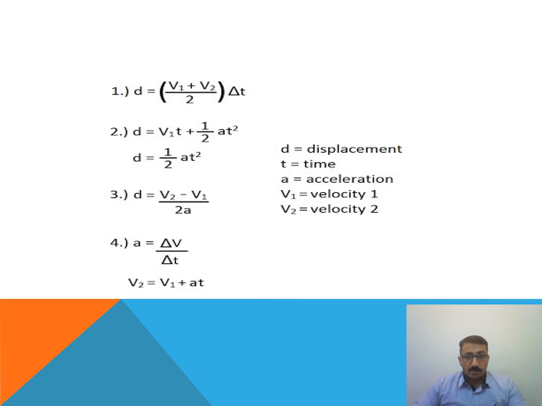With the second one, we could find the displacement by acceleration, velocity and time. With the third one, by acceleration and velocity, we could find the distance. With the fourth one, we could calculate the acceleration by delta V over delta T.